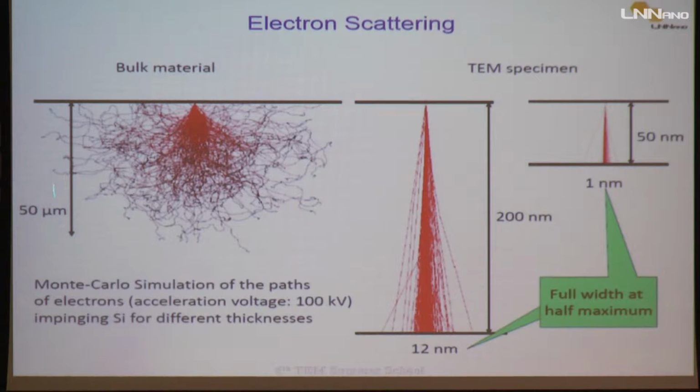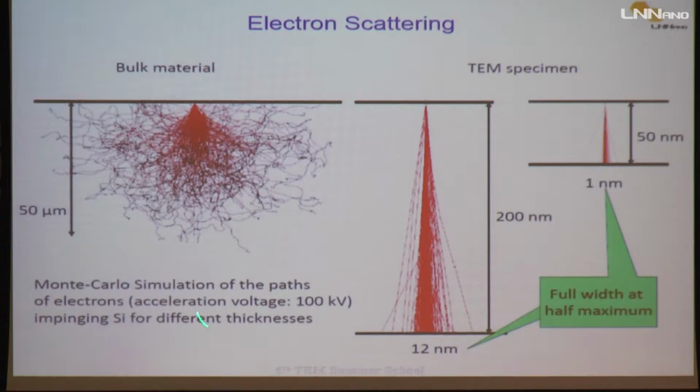In this situation, we have the bulk material, a very thick part of the silicon. You can see here that the 100 keV electron beam will penetrate your sample as deep as about 50 micrometers.